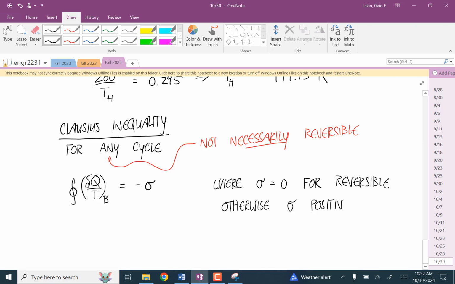We're going to be regularly using this variable sigma to calculate an amount of, you can think of it as kind of like an amount of entropy that's being created. We're not talking about it that way yet, but we're going to be dealing with it as a way to measure how much inefficiency you have in your system.